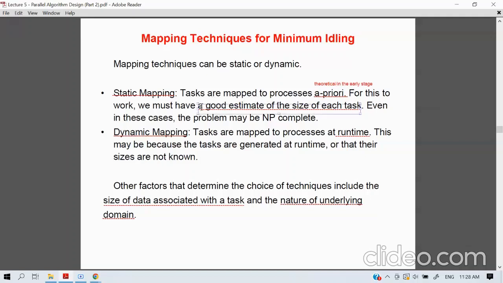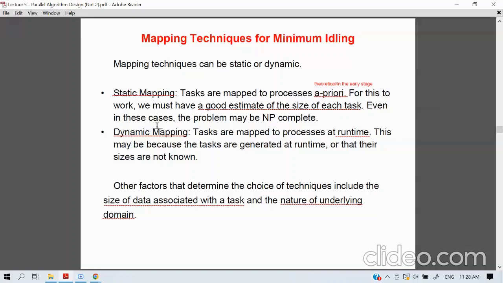For this to work, we must have a good estimate of the size of the task. So let's say we already know the task has 12. So we can balance the load, and from the load balancing, we can also minimize the idle. So in static mapping, we know at the beginning how many tasks or how much the size of the task needs to be mapped.